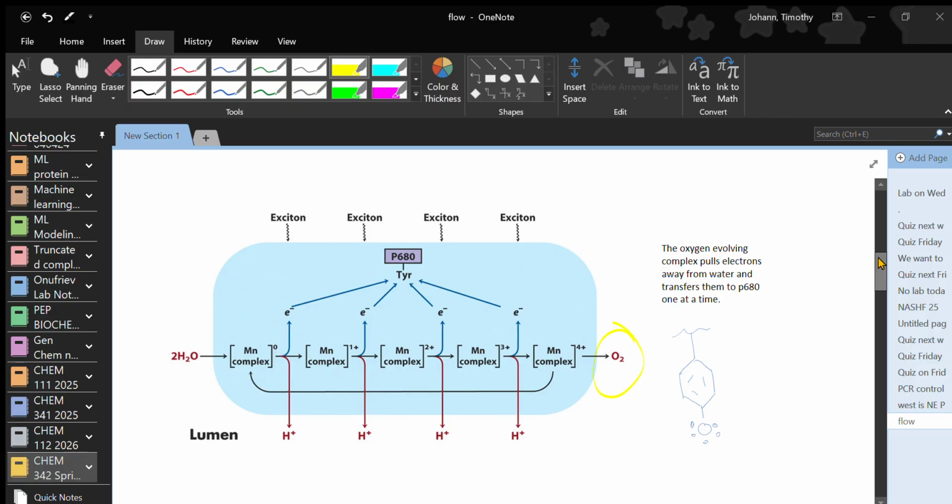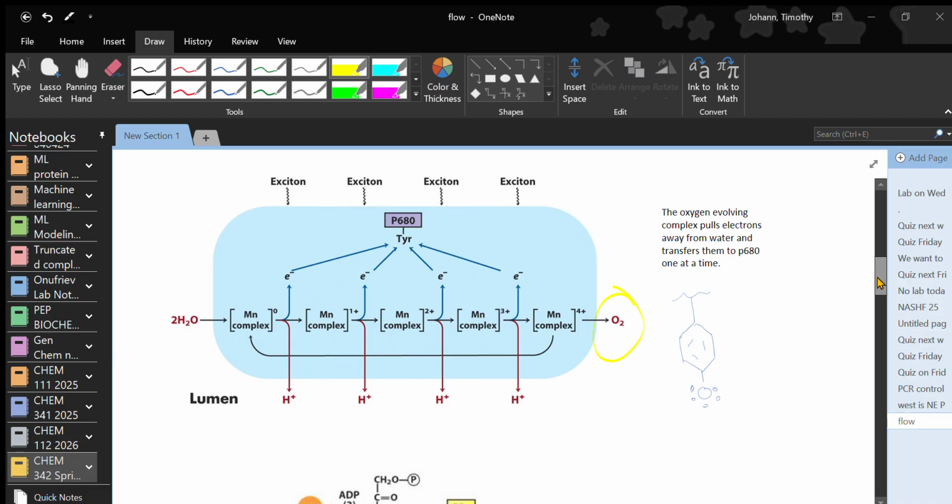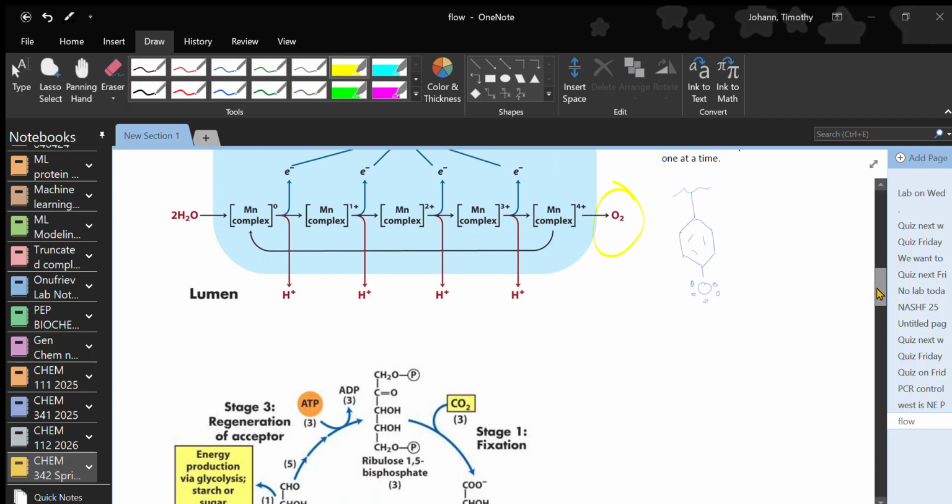We had four excitations of P680 to move those 4 electrons along. Where's the other 4 protons associated? I don't know. Okay. They just go somewhere. Okay, questions?